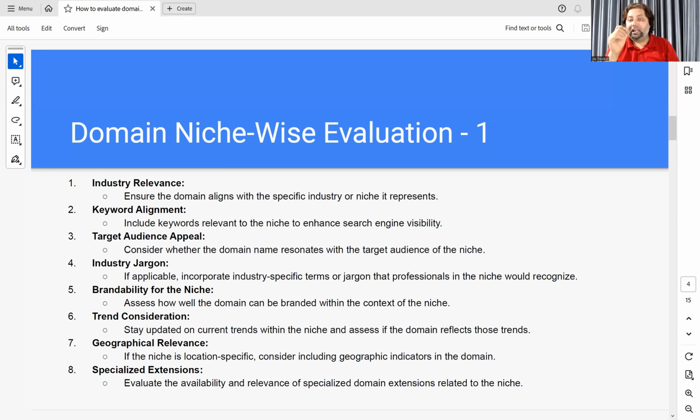Exactly. If the company is a high budget company, they will definitely go for woolenjacket.com.